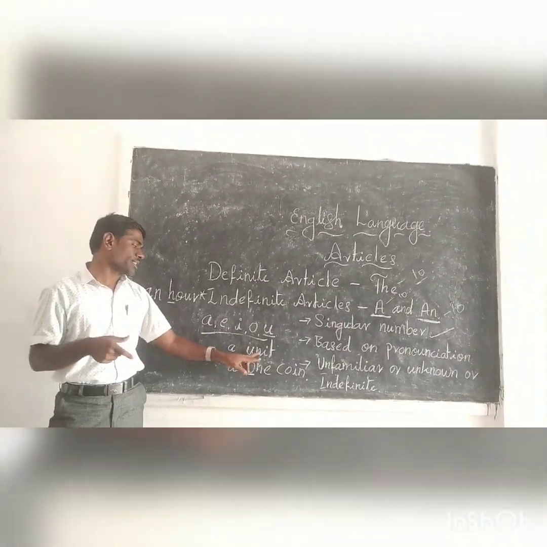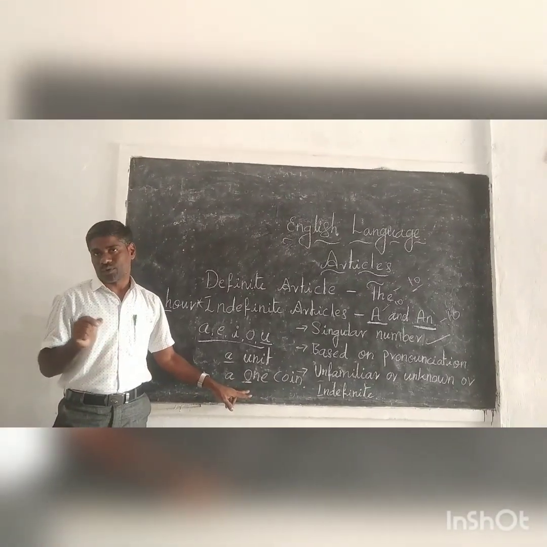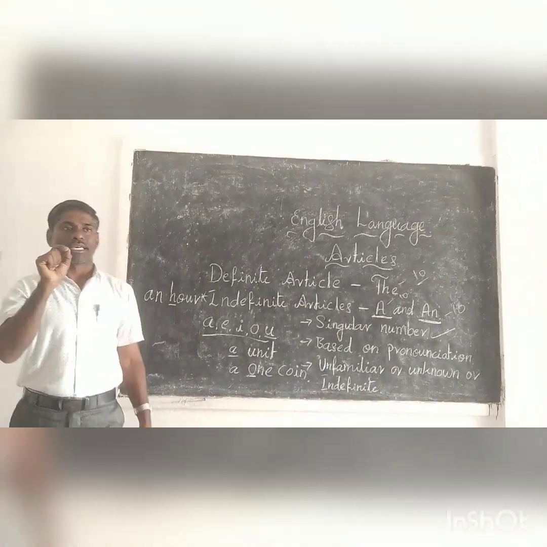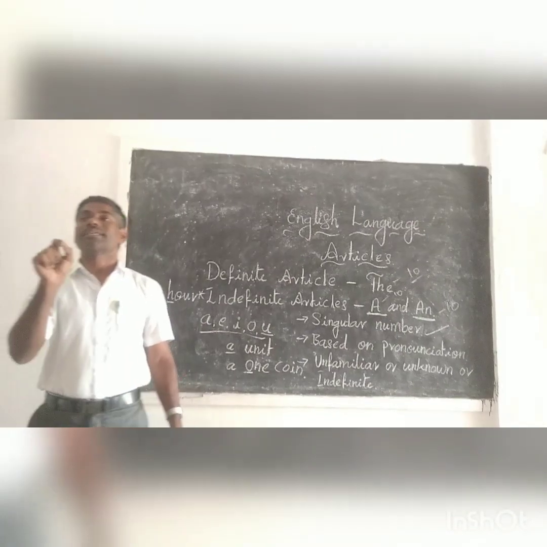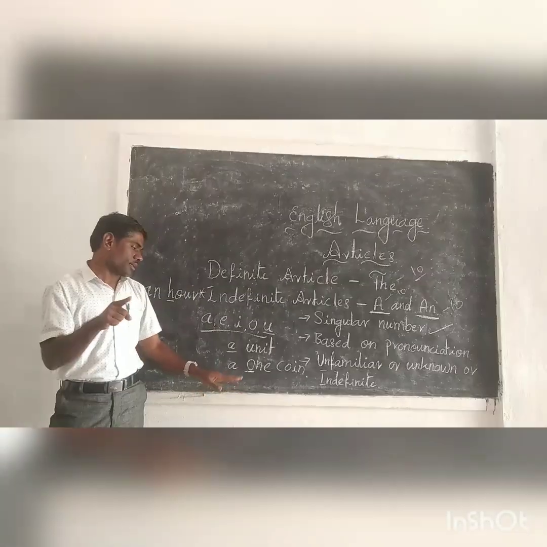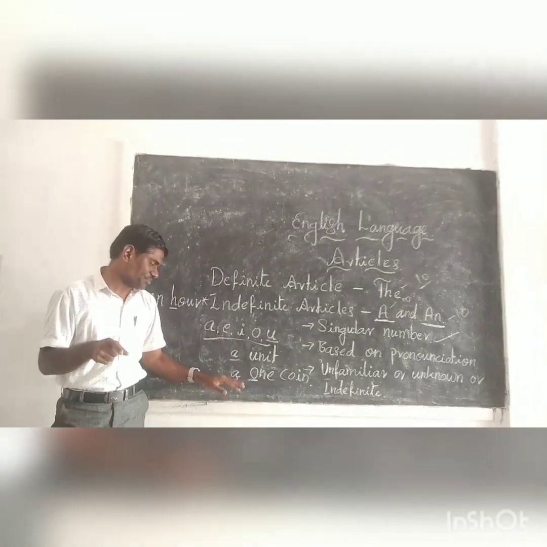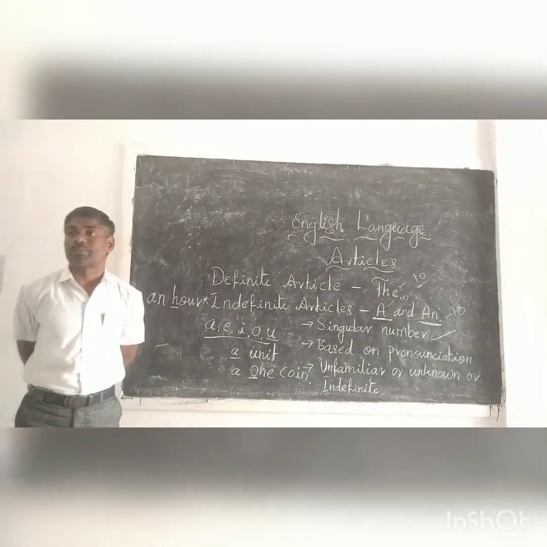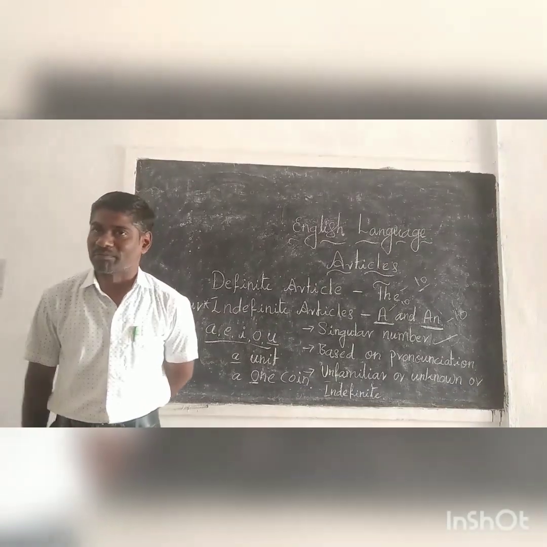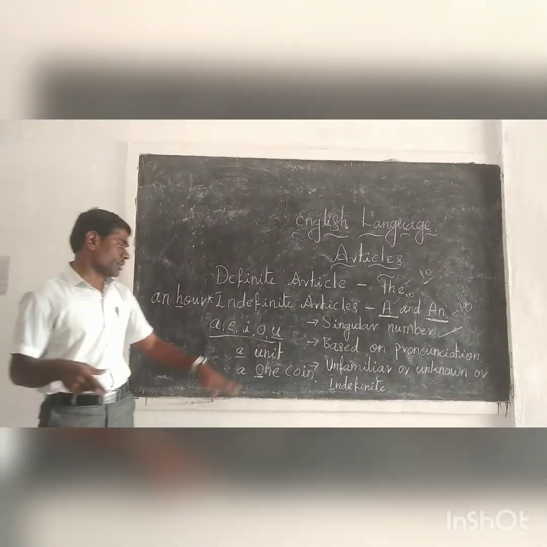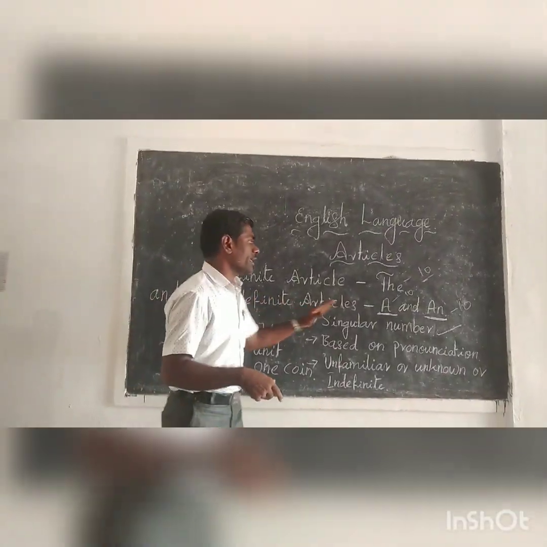That's why a unit. Then one, O is a vowel, but the pronunciation is a consonant. That's why we say a 1 rupee coin I took from him. So this kind of usage we can follow for a or an.